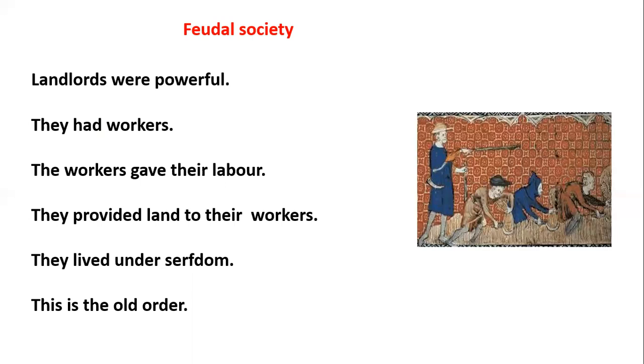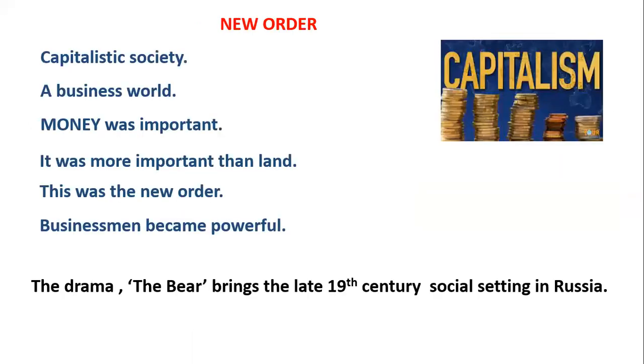And after this period, a new era, a new order was established. This new order was capitalism, we can say. Money became more powerful. A new order, a capitalistic society. And what was the result?